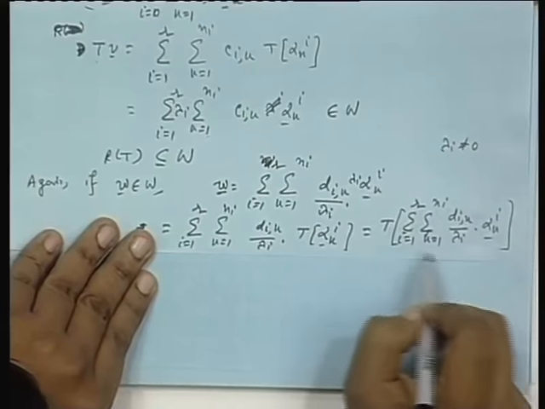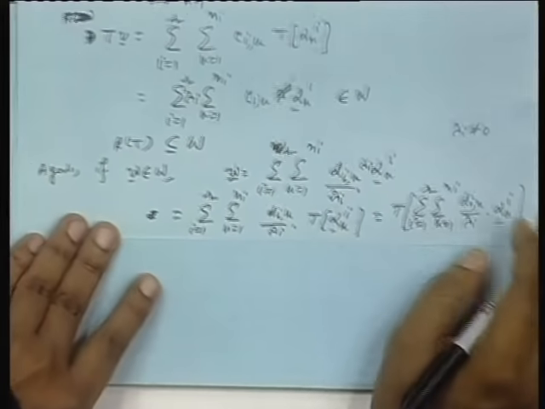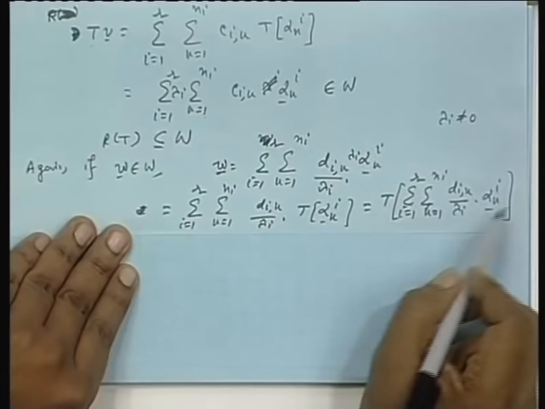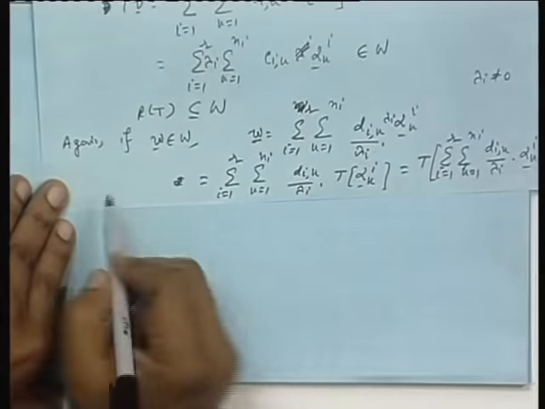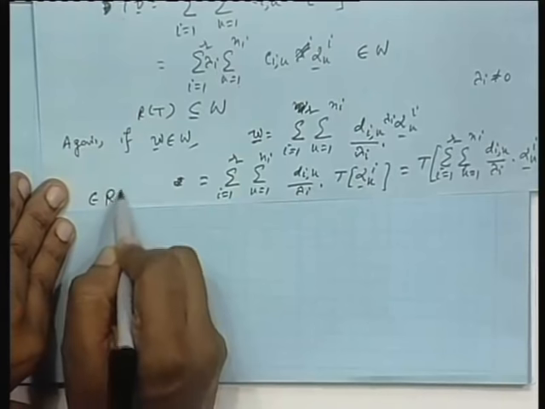But what is this vector? That means it is T working on some vector. So this thing belongs to R T.